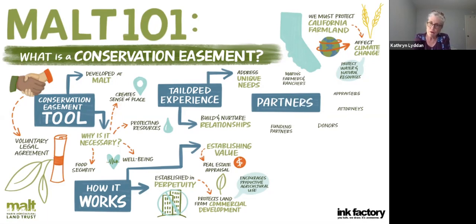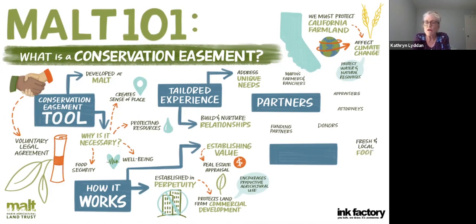The work that we do and the preservation of agricultural land benefits all of us, everybody in our society. As we've talked about, local agricultural land provides us with a fresh local source of food. Rangeland in West Marin sequesters carbon and protects our native plants and animals as well. Because I think MALT has a special role, a special opportunity, because we do have easements on half of the privately held land in West Marin.